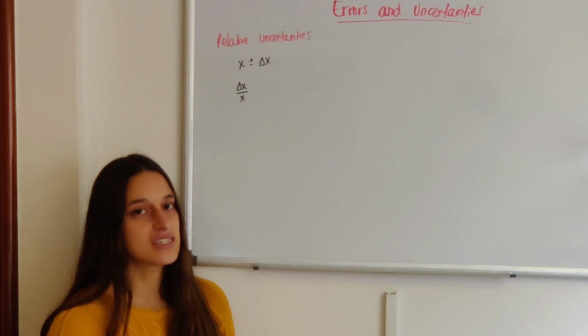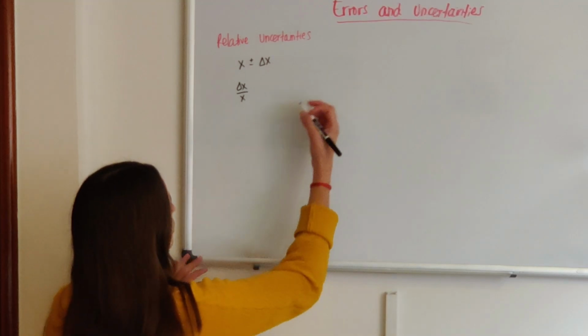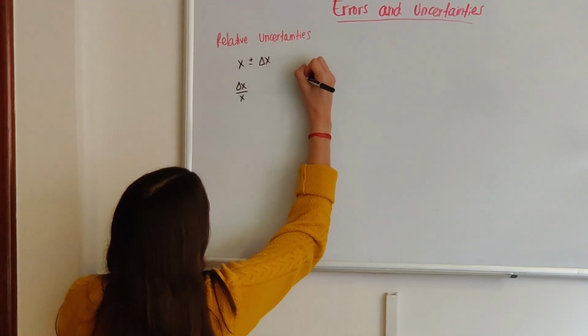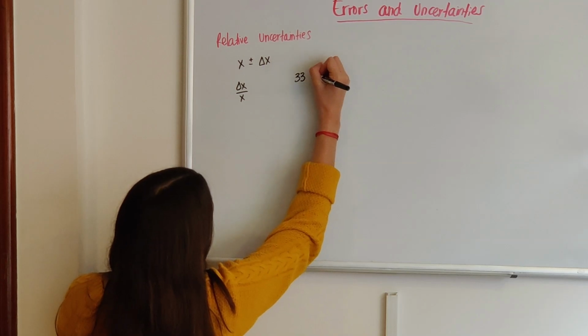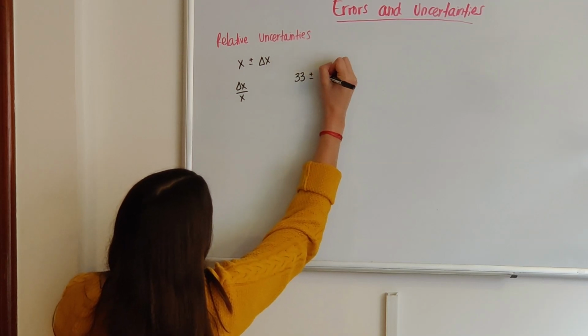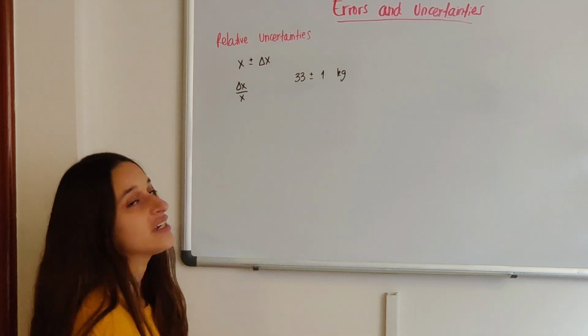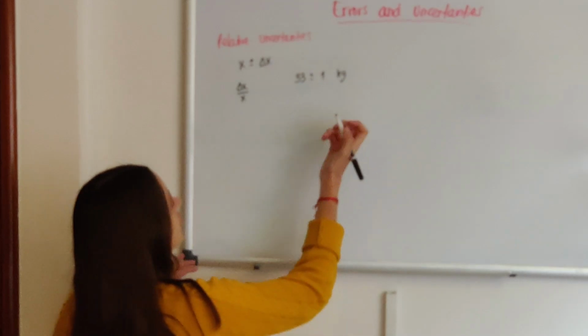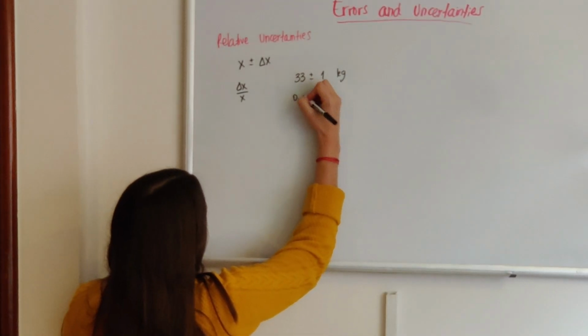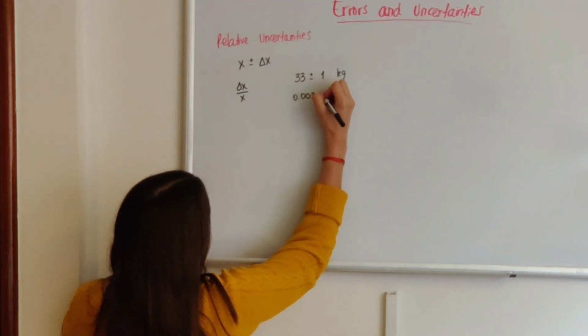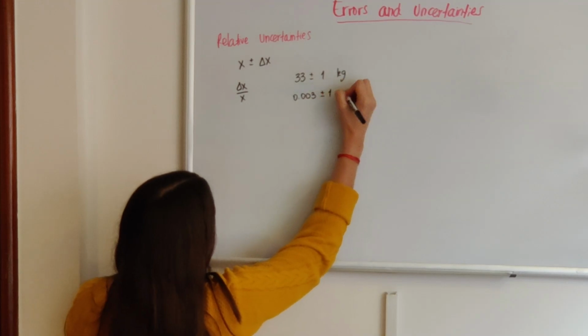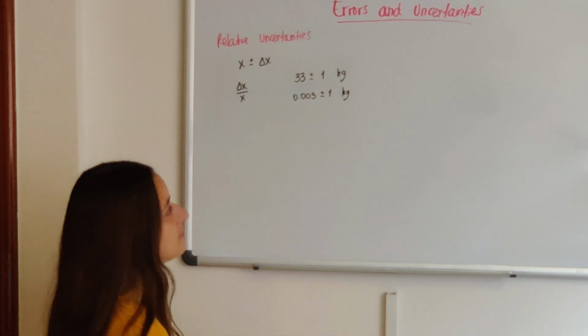So it's different to say, for example, in this example, 33 plus or minus 1 kilogram, the uncertainty is 1. In this other example, the uncertainty is also 1.